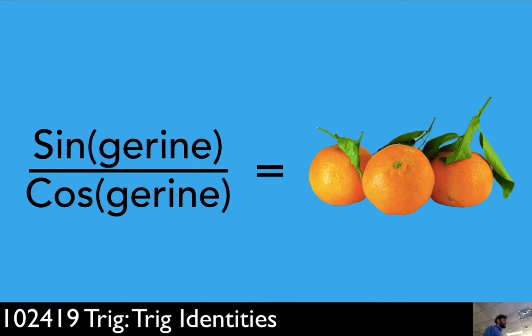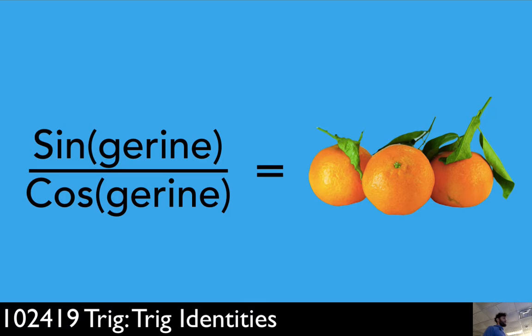Okay, so that was a joke, but it's true. It'll help you remember the quotient identities. Another one here is sine over cosine equals tangerine. These are just for her. Tangerine. That's so funny. Why is nobody else laughing?